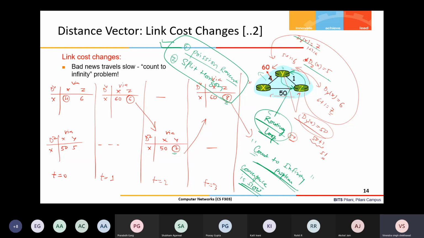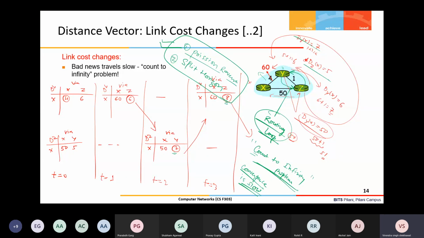The count to infinity problem leads to a high convergence time for the algorithm. Many more iterations are required by the time the algorithm converges and the routing table state becomes consistent for all the nodes.